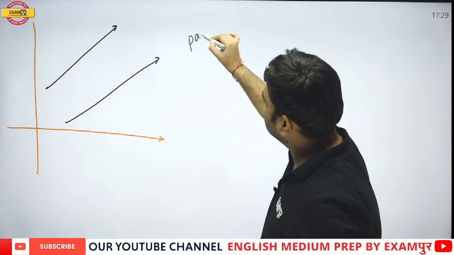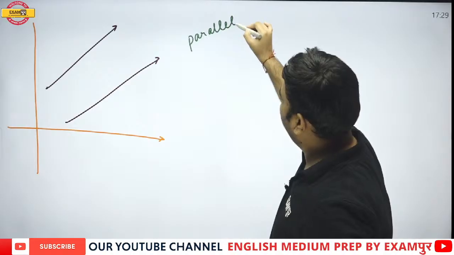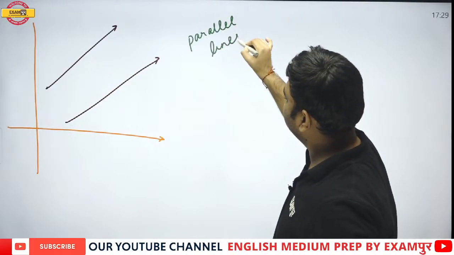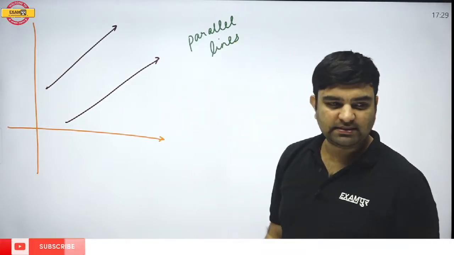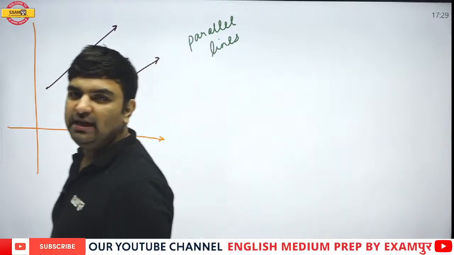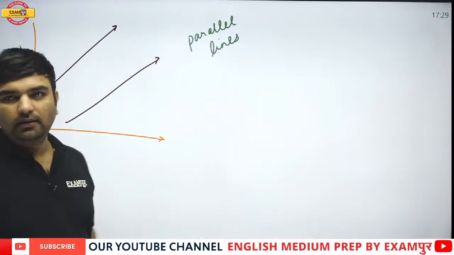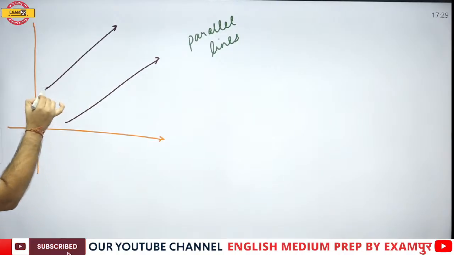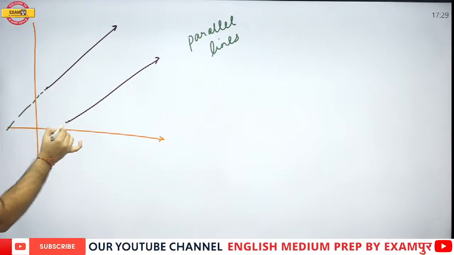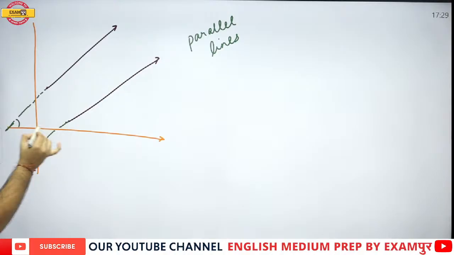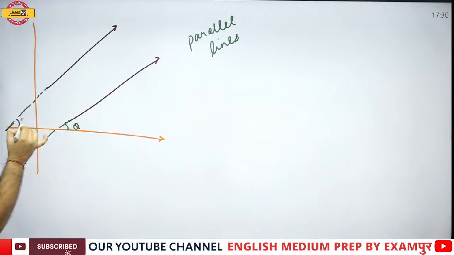Parallel lines. Yes, they are making the same angle with the x-axis. If you extend them, they would be making the same angle with the x-axis.